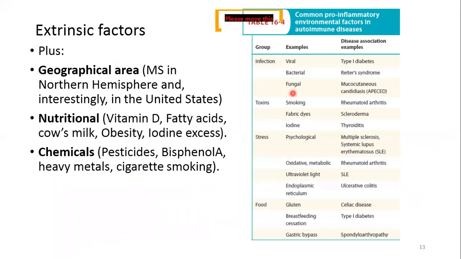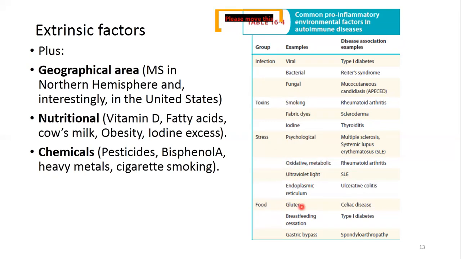Toxins, such as smoking in rheumatoid arthritis, could modify some antigens and may initiate the process. Iodine is also associated, fabric dyes with scleroderma, stress, and ultraviolet, which may lead to release of nuclear content of cells. This is associated with SLE, and it's very significant.